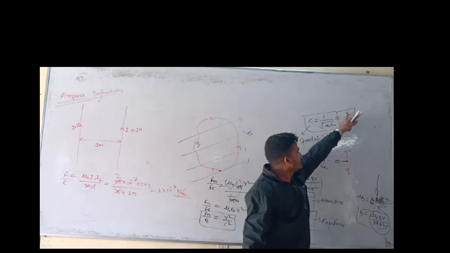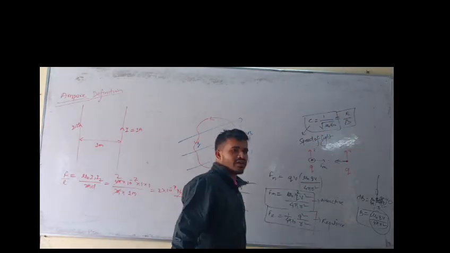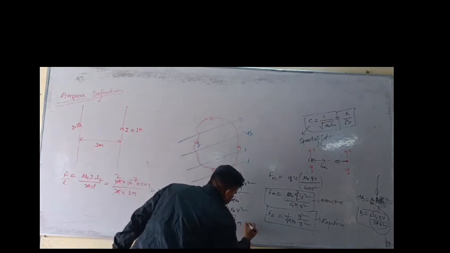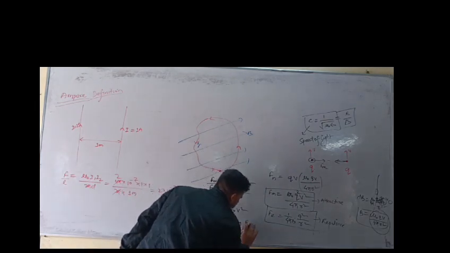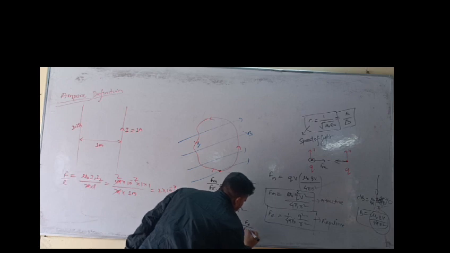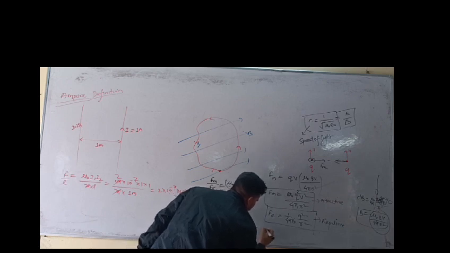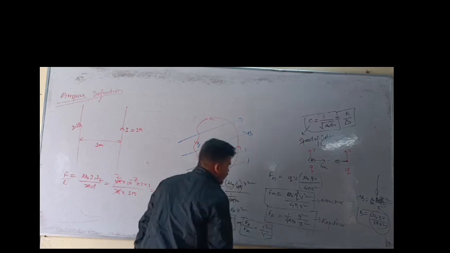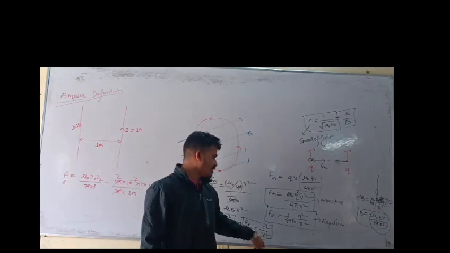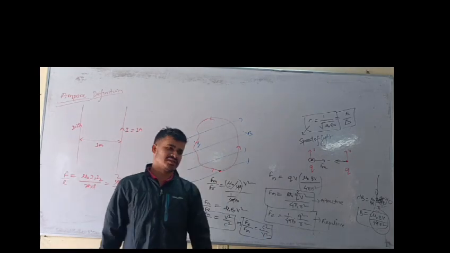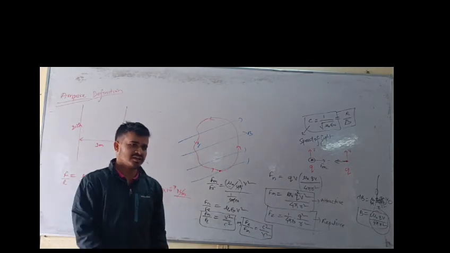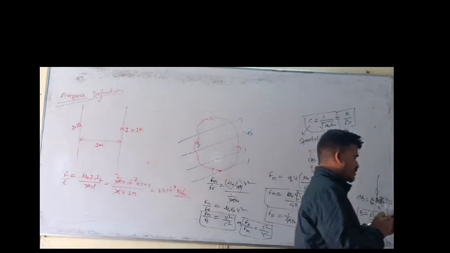If I take Fe on the upper side, it will be C square by V square. If I am taking Fe by Fm, it will be C square by V square: square of speed of light by square of speed of charges. Clear?